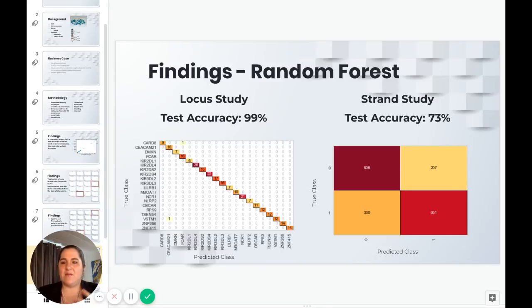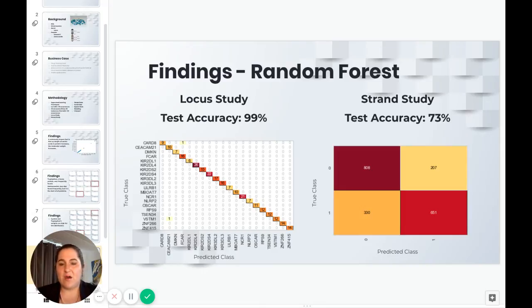And so those visuals and those graphs are the support behind why this study might have some sort of association. And what you're seeing here on this slide is actually the results of both the loci study and the strand study. So in the locus study, I developed a random forest model. You're seeing the results of over 200 inputs in my test cases.